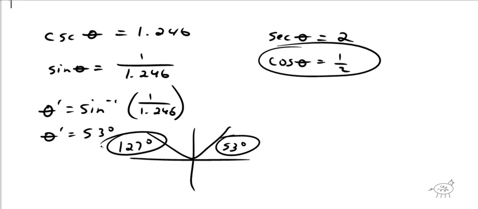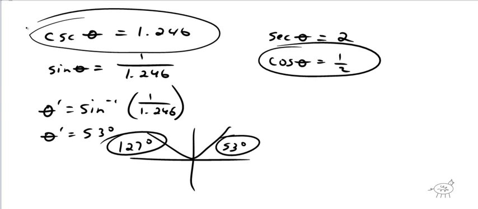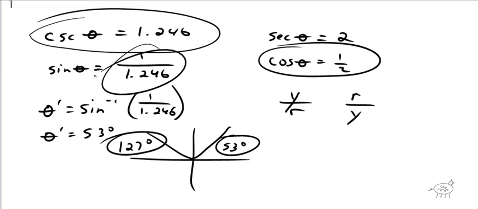Now, this is what you don't want to do. Okay? And I've seen people do this where you get a problem like this, and they want to take, because this is a ratio, I taught you sine is y over r, and cosecant is r over y. So you're allowed to flip the ratio over. That's why I'm allowed to do this. What I've seen people do is they do 1 over, I don't know, and then they do 1.246, something like this.